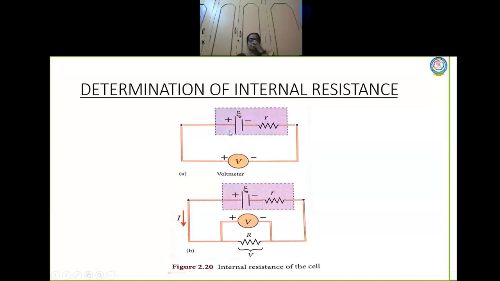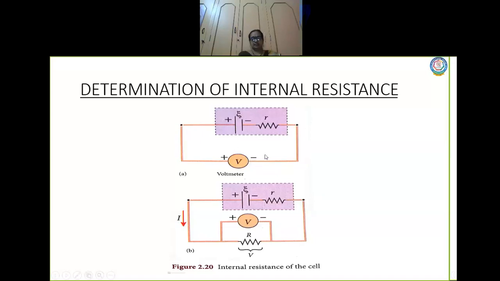So this is the first diagram. Again, the voltmeter reading will give the EMF of the cell as far as this diagram is concerned. That is what I said: in an open circuit, the potential difference is measured as EMF by this voltmeter.